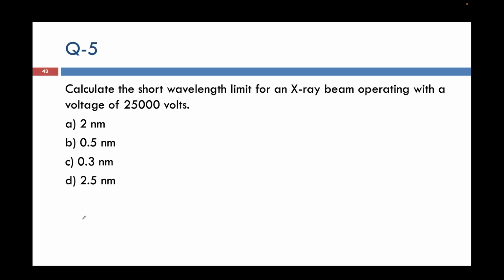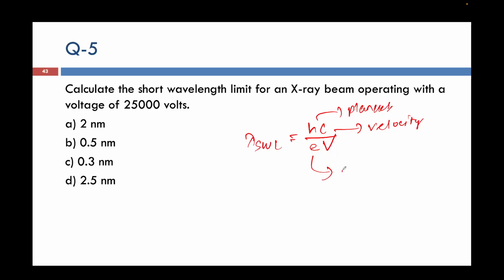Calculate the short wavelength limit. I have told that lambda SWL is equal to hc by eV, right? h is Planck's constant, c is the velocity of light, which is also a constant, e is 1.6 into 10 to the power minus 19 coulomb, and V is given as 25,000 volt.